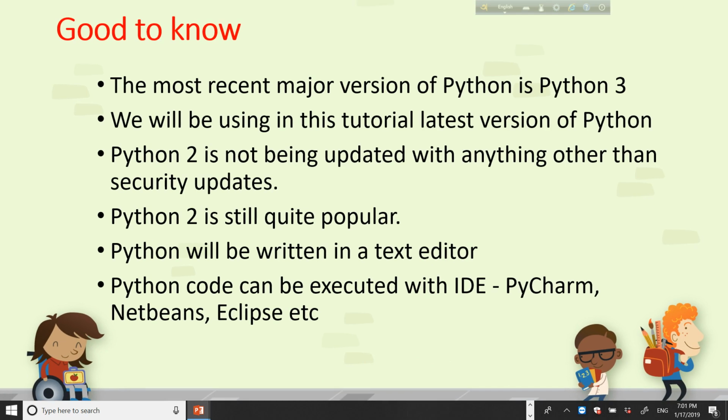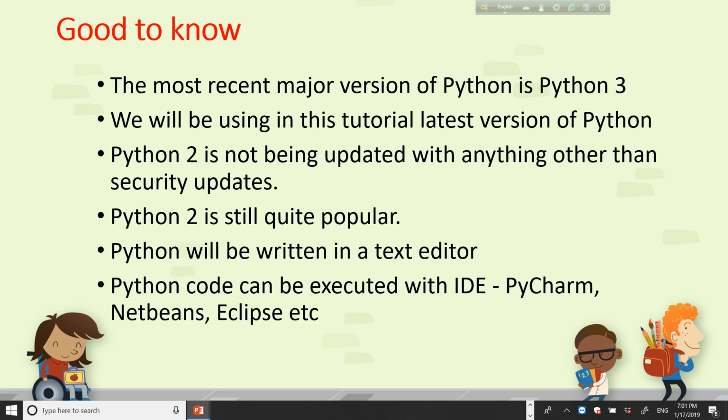Now, it's good to know the most recent major version of Python is Python 3.7.2. We are using 3.7.2. This is the latest version that I'm using to show you how Python programming can be conducted.